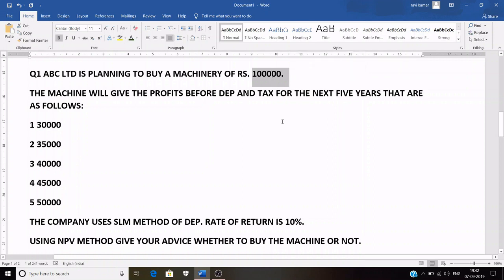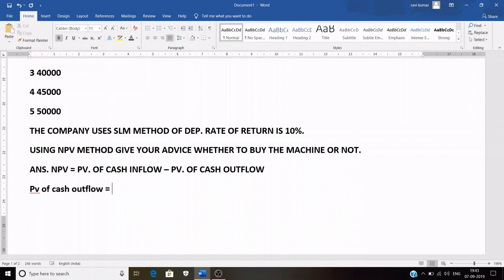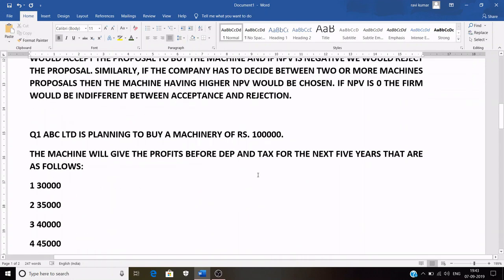As we are expending it in the beginning of year, it is the same as present value of cash outflow. So we already have it. We can write it here: present value of cash outflow is equal to 1 lakh, because present value of cash outflow is always equal to the cost of our machine and project.